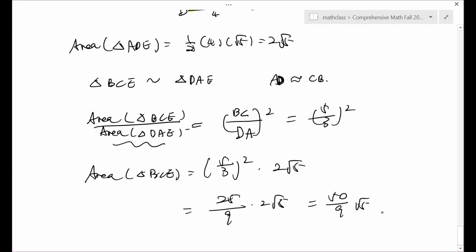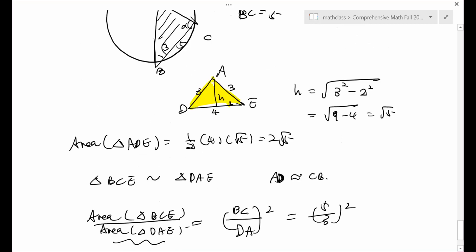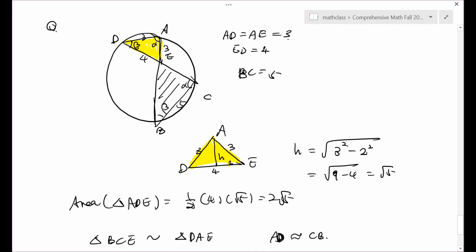Okay, so here let's summarize what we used. We use the similarity of the triangles inside the circle. First of all, we determine the area of the one triangle, the smaller one. Then, using the similarity, you get the area of the other triangle.